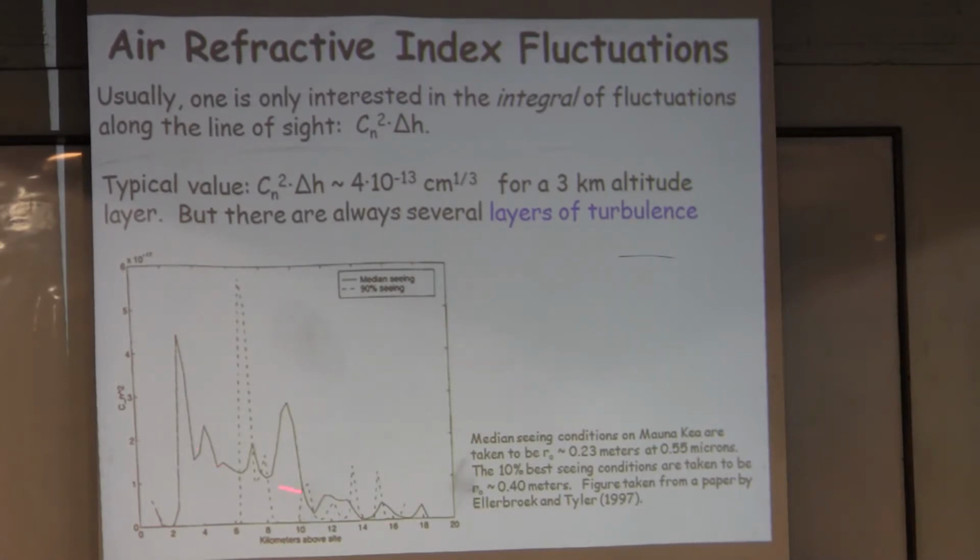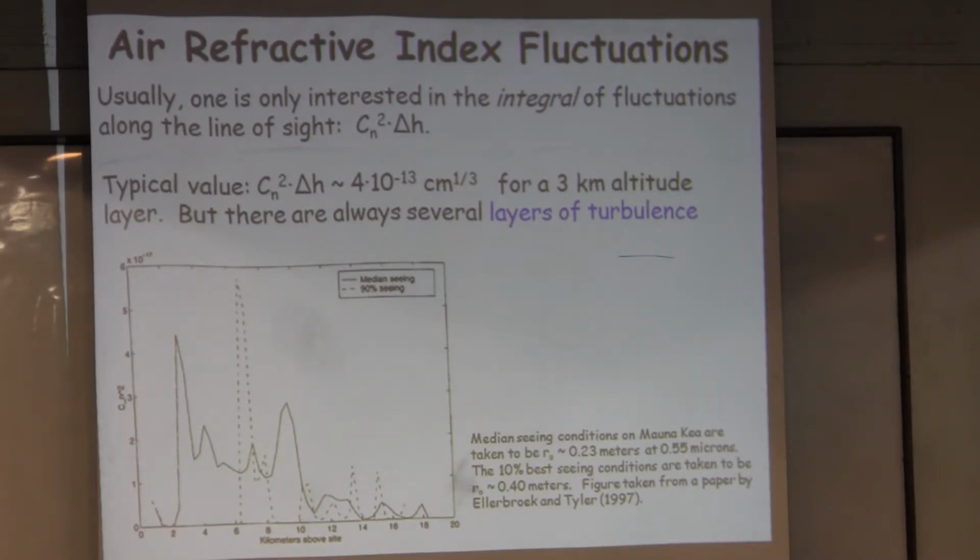With respect to the rest, if you could compensate for those two, you would already improve your image quite a bit. And that also changes with season. So it's not like your turbulence is always created in the same layer of the atmosphere. For the same observatory, it varies from day to day. If you take only the nights with the very best seeing, you can see that this one is completely gone.